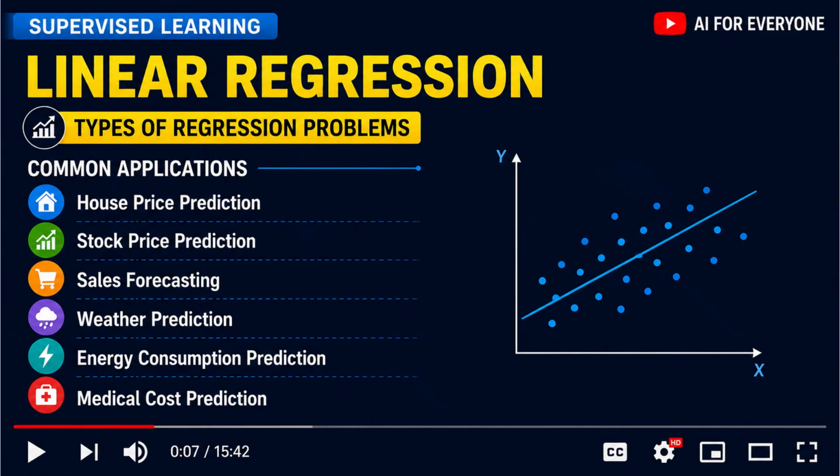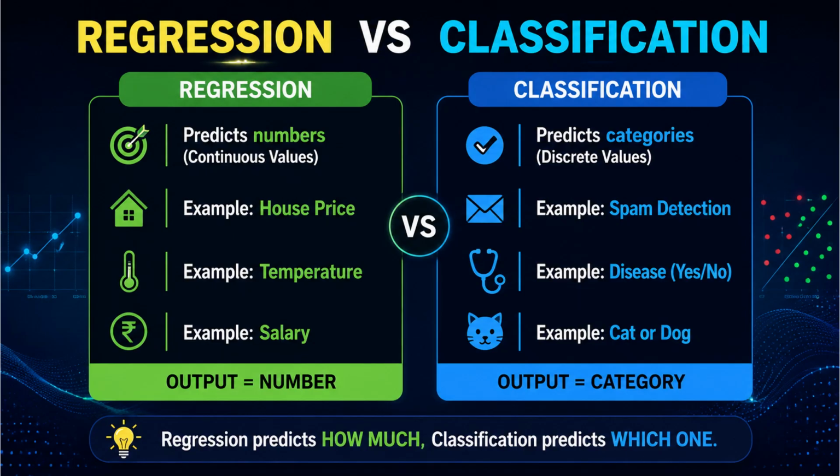So the common applications are house price prediction, stock price prediction, sales forecasting, weather prediction, energy consumption prediction, medical cost prediction. As you look at these applications, you will find that a lot of actual applications in all domains require some of these outputs. So let us now discuss and compare regression and classification.